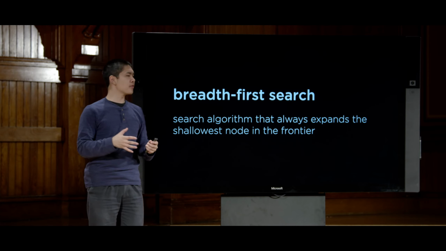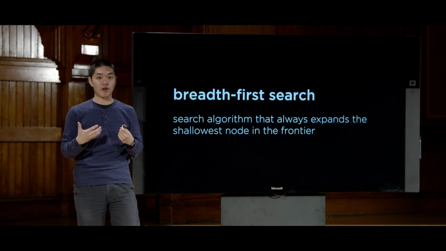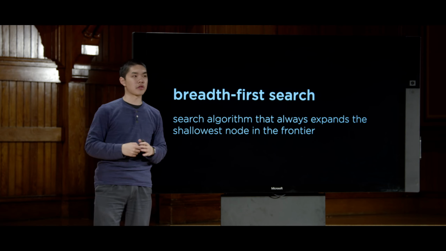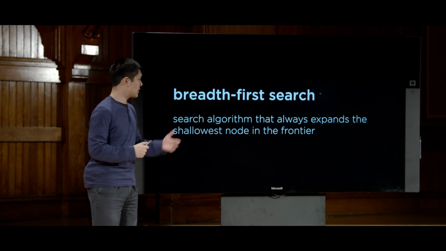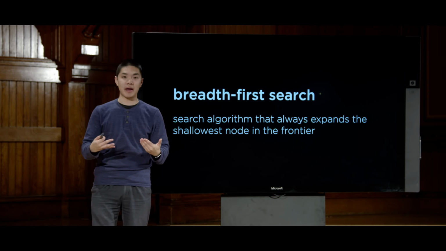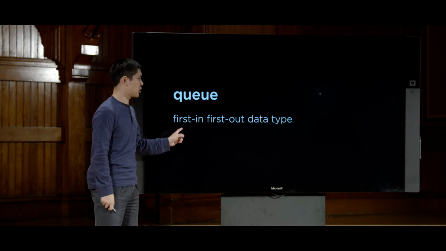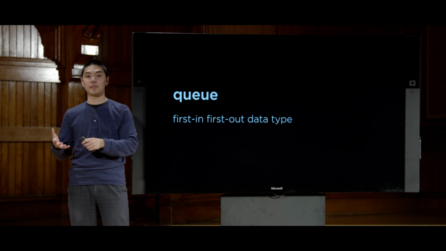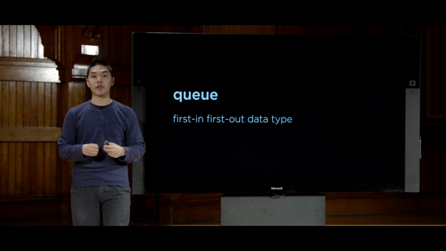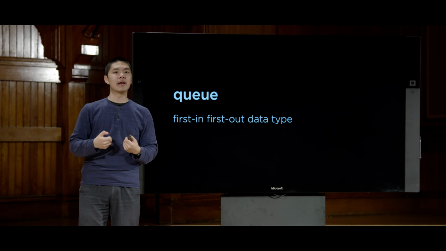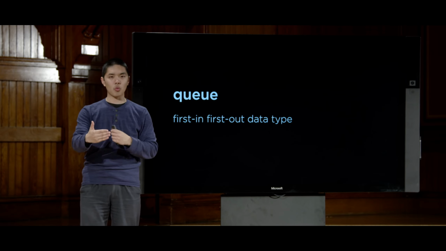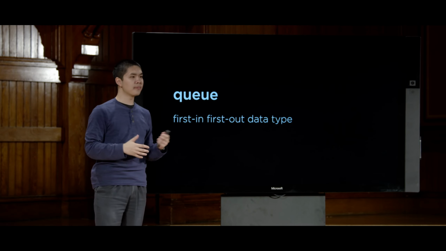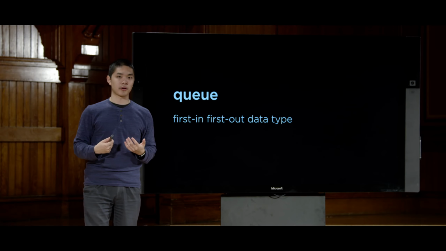Well, it means that instead of using a stack, which depth-first search, or DFS, used, where the most recent item added to the frontier is the one we'll explore next, in breadth-first search, or BFS, we'll instead use a queue, where a queue is a first-in, first-out data type, where the very first thing we add to the frontier is the first one we'll explore, and they effectively form a line, or a queue, where the earlier you arrive in the frontier, the earlier you get explored.